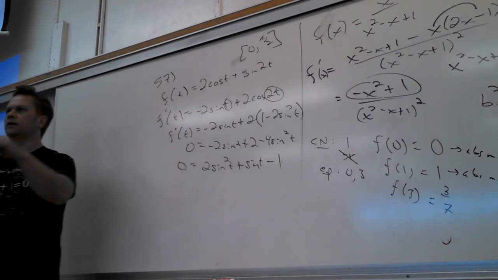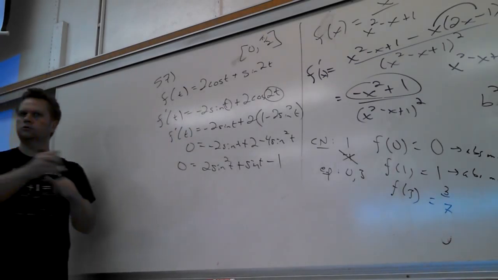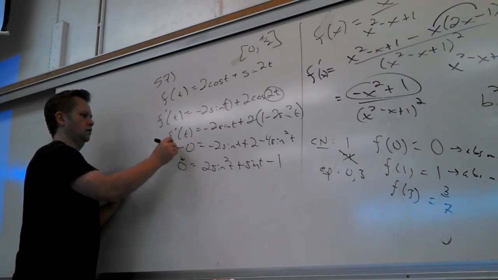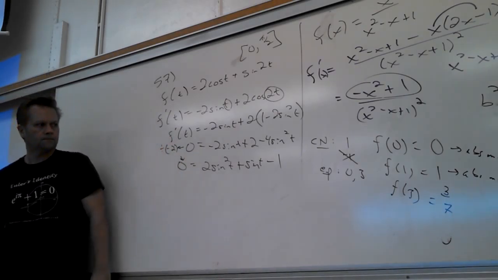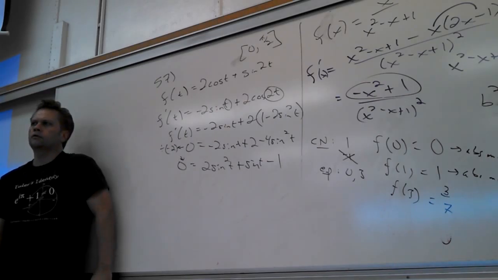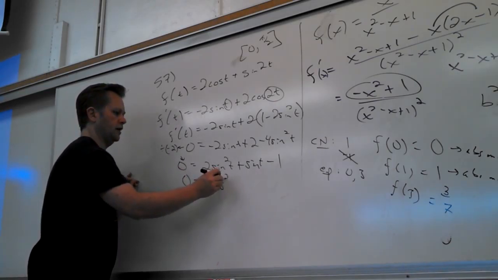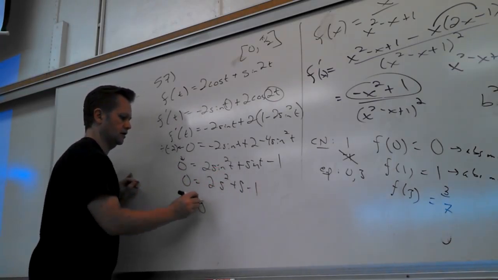If I divide both sides by negative 2, is that cool? That should be easy now, especially if you do what they suggested. You replace sine with s. Isn't that factorable?